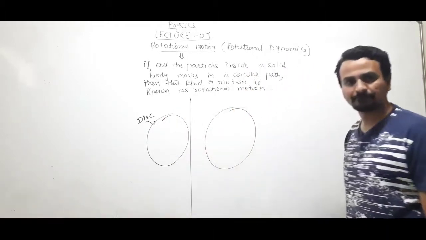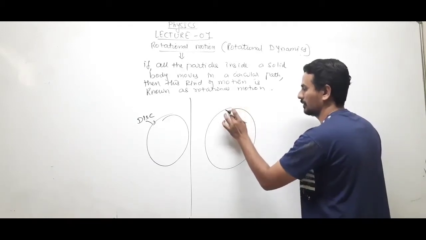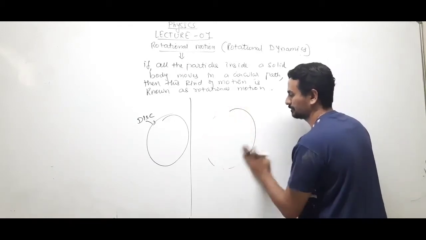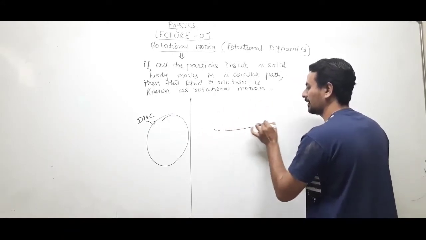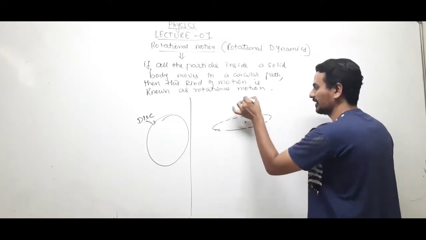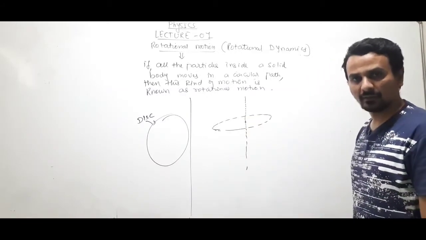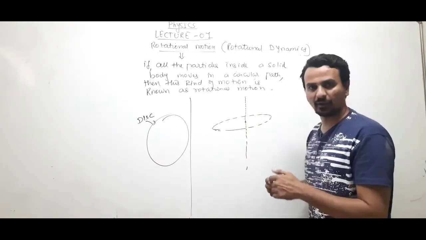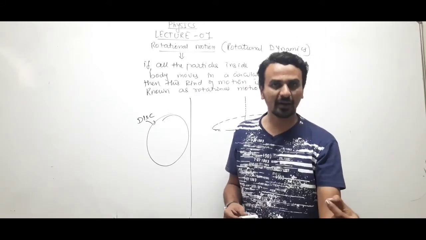This is a body. A better way to explain, let me take it in horizontal. This is a solid body, right? This is the axis, which is passing perpendicularly.